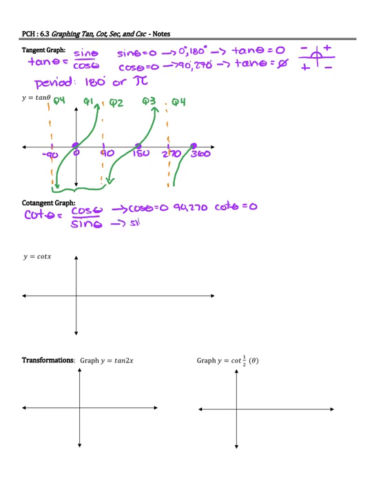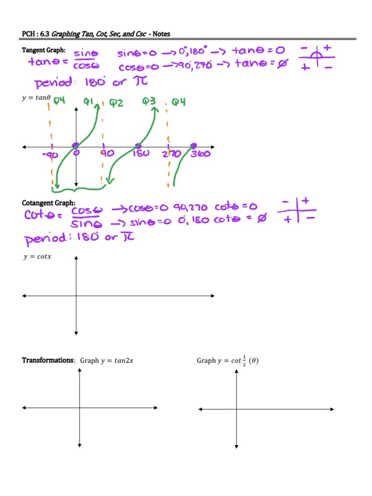And now wherever sine is 0, which again is at 0 and 180, etc., you can convert that to radians. So at those places, cotangent will be undefined. And it has the same positive, negative value since it's just the reciprocal of tangent, which again means that its period is also going to be 180 or pi.